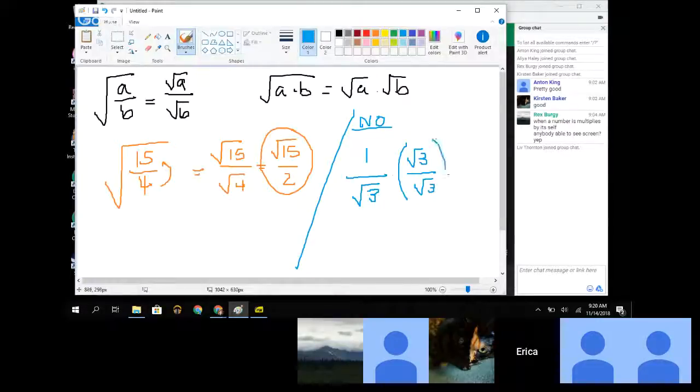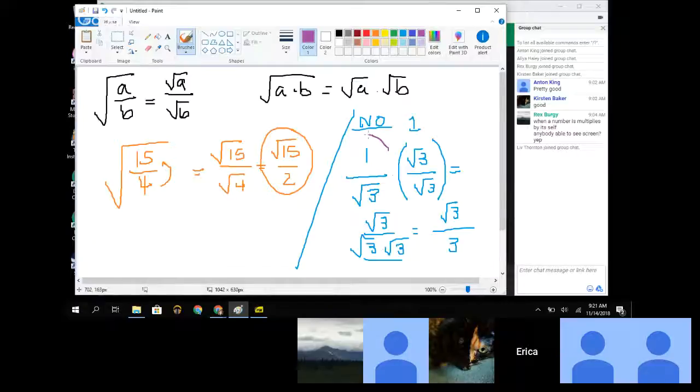So I'm going to multiply this by the square root of 3 over the square root of 3, which is just like multiplying by 1, right? And I will get the square root of 3 divided by the square root of 3 times the square root of 3, right? So what does the bottom become? The square root of 3 times the square root of 3 is 3, and the top is the square root of 3.